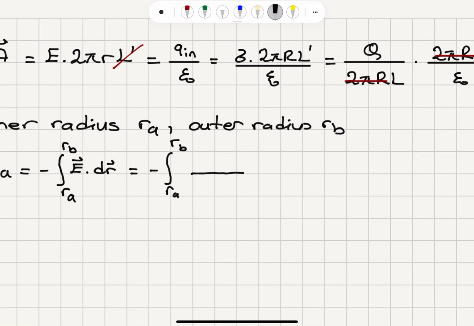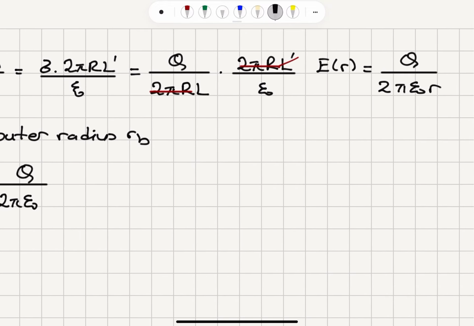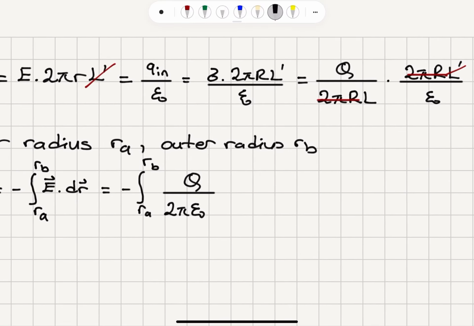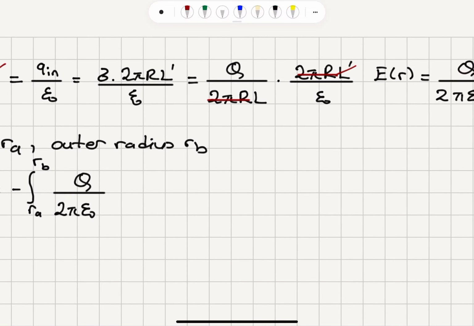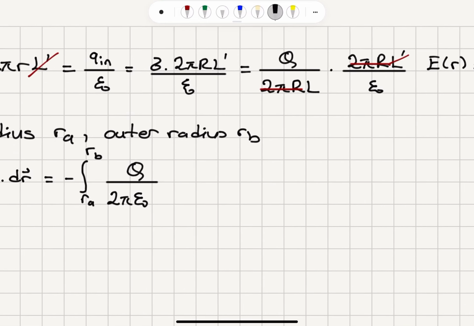The electric field due to the solid cylinder is Q over 2 pi epsilon 0. There is an L here that we have forgotten, because there's an L at the bottom: 2 pi epsilon 0 L. So capital Q over 2 pi epsilon 0 L times 1 over r.